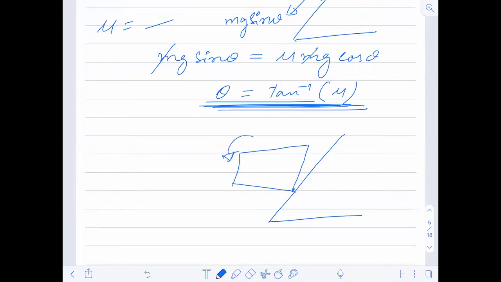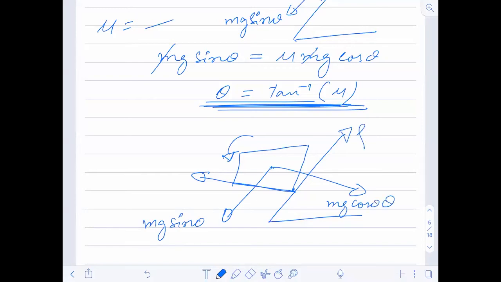In this case, you will have a normal reaction like this. You will have mg sin theta acting from the center, not from here. From here, you will have the mg cos theta component. Friction will be acting in this direction as the block tries to move like that.